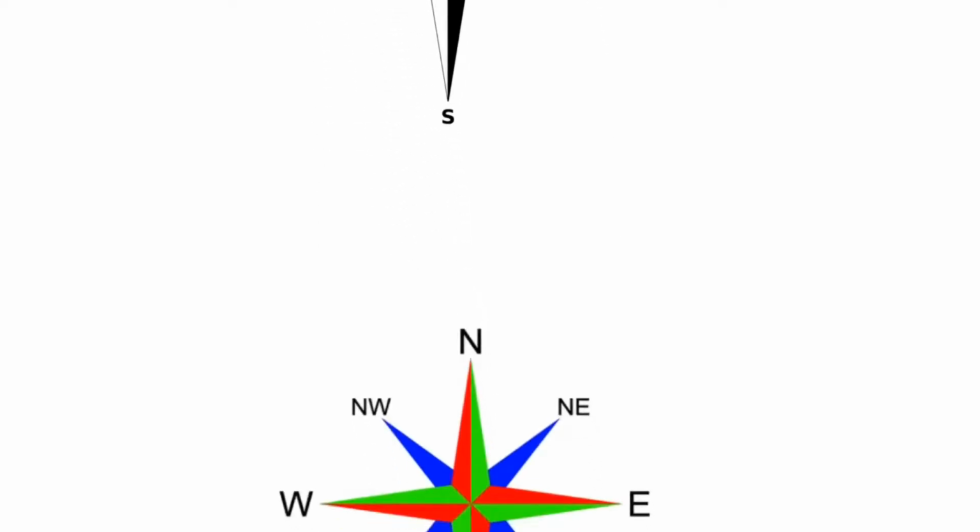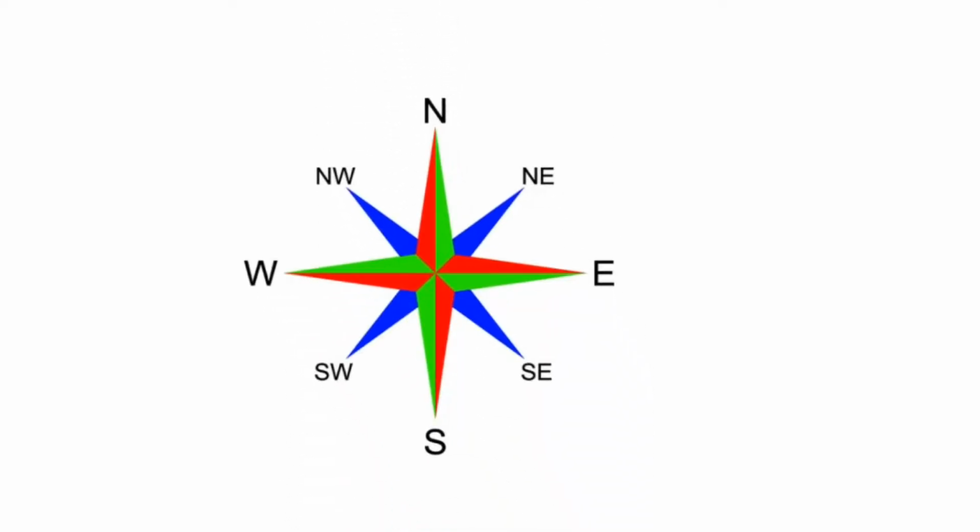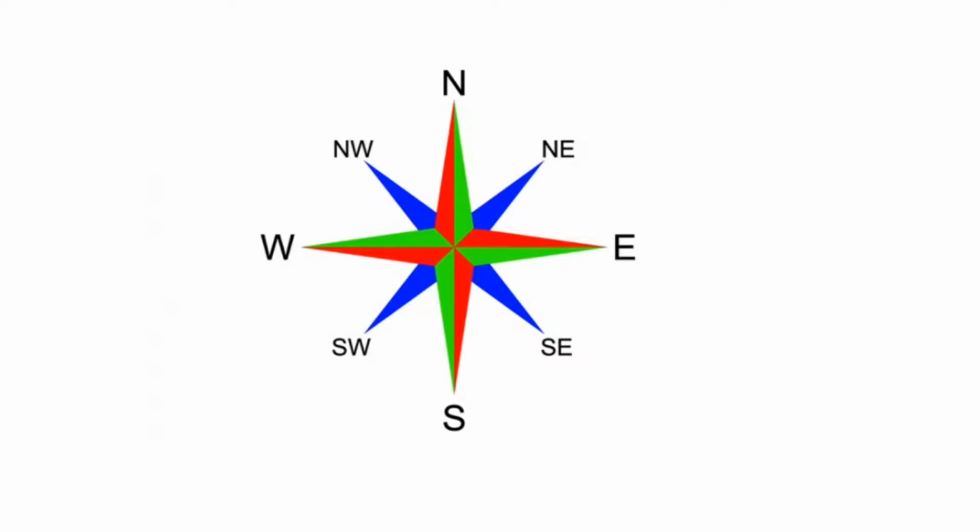But if we move on to the next picture, we can see we've got 8 points now. Okay, so we've got our original 4 points. Never eat shredded wheat. But in between those, we've got these blue points here. And so halfway in between north and east is called northeast.